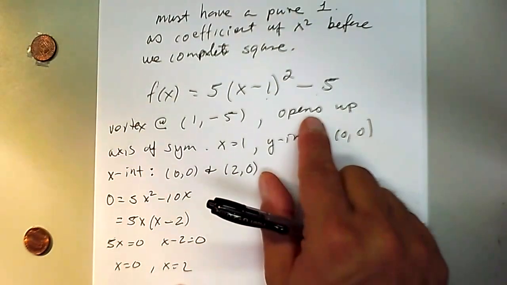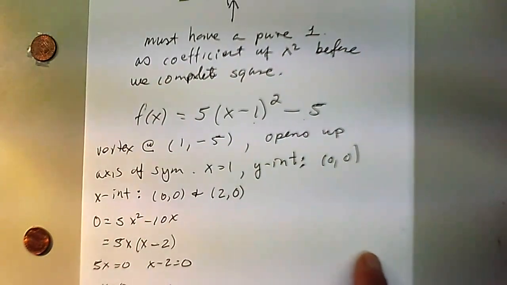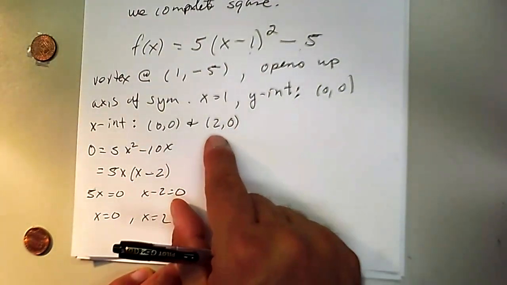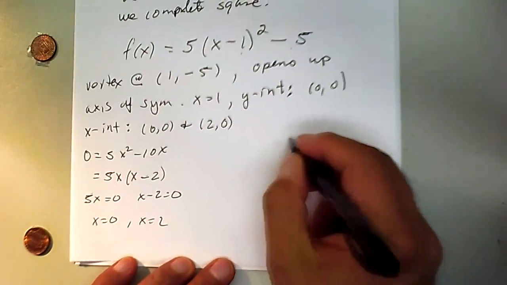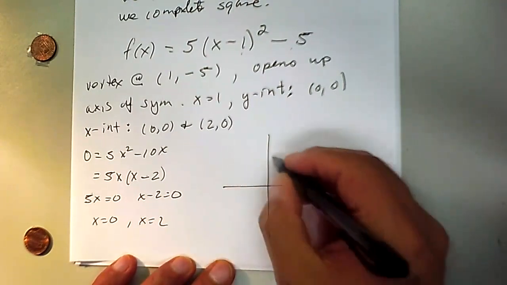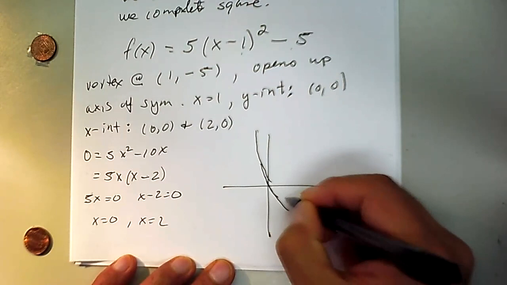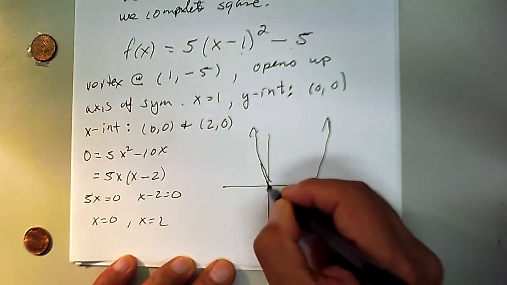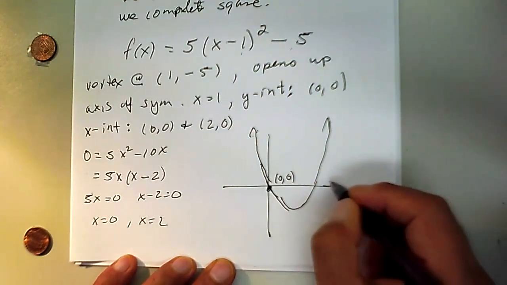Because the parabola opens up, we have a minimum, and the minimum is at the vertex, (1, -5). So let's sketch this. There we go. (0, 0) is an x as well as a y-intercept.